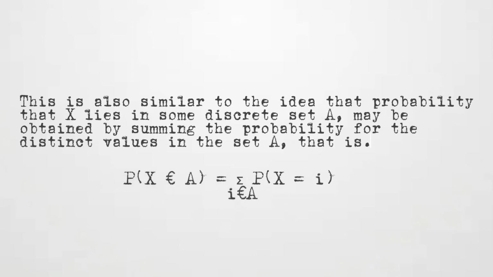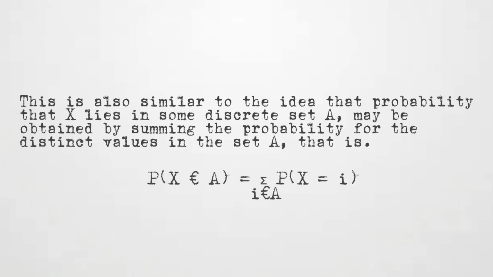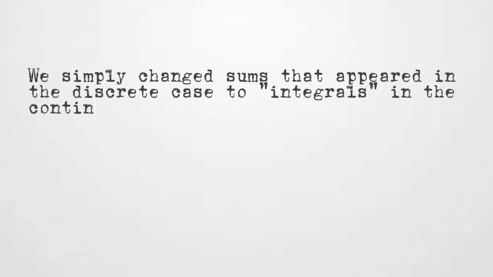This is also familiar to the idea that the probability that X lies in some discrete set A may be obtained by summing the probabilities for the distinct values in the set A, that is, P(X in A) = the sum of P(X = x_i). Simply change the sums that appeared in the discrete case to integrals in the continuous case.